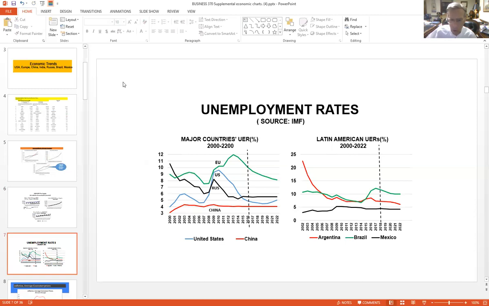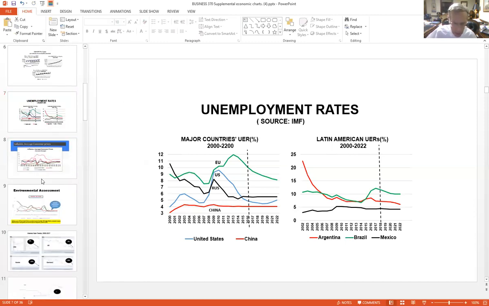His predecessors were prone to practice economic policies that were not very productive, and the result was high unemployment.